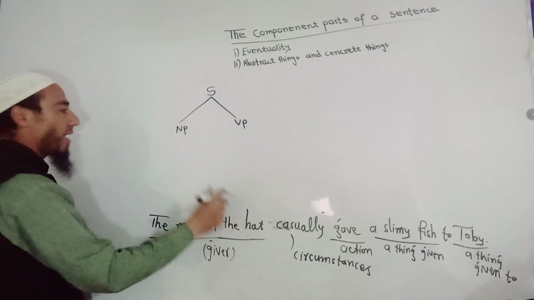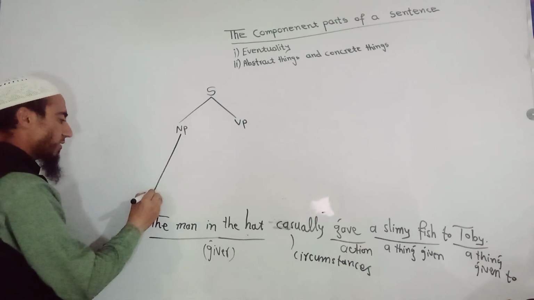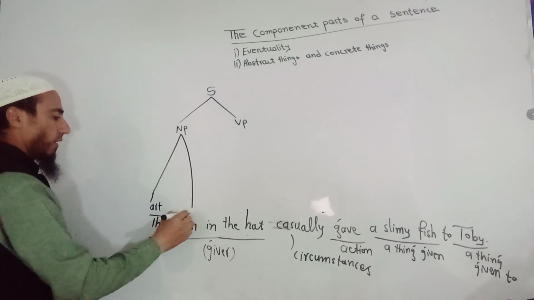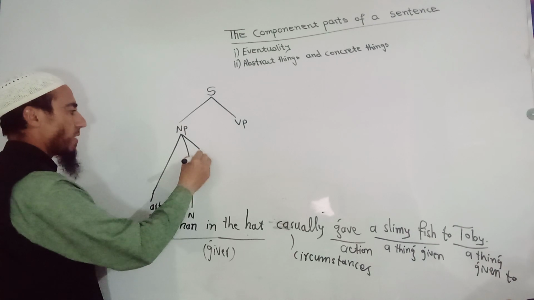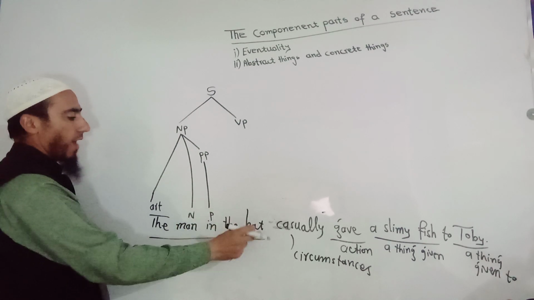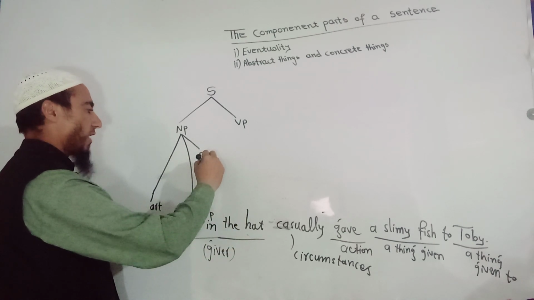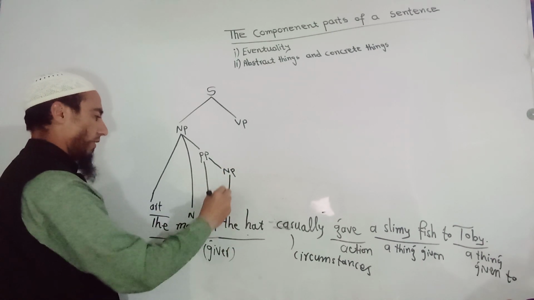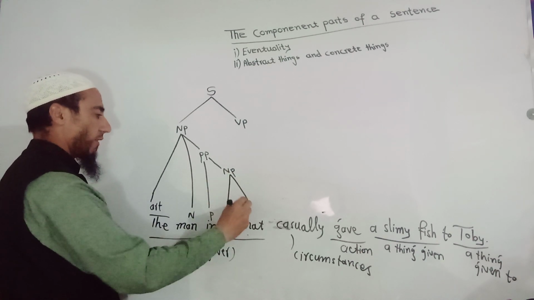In NP we have the man in the hat. So we have the, that is article, and man, that is N. Here we have PP, prepositional phrase, so that is P. And then we have the hat, that is also NP, so we are taking NP from PP, and in NP we have article, ART, and hat, that is noun, N.